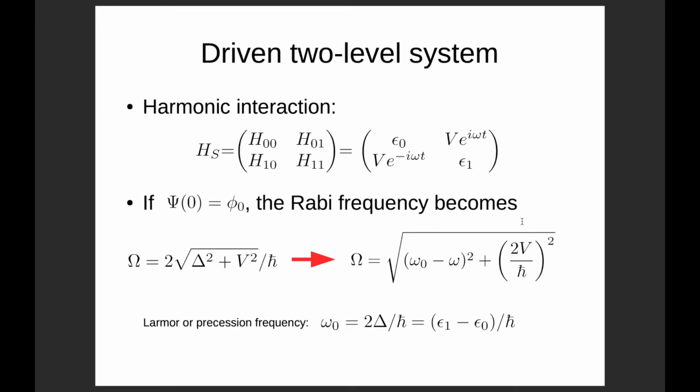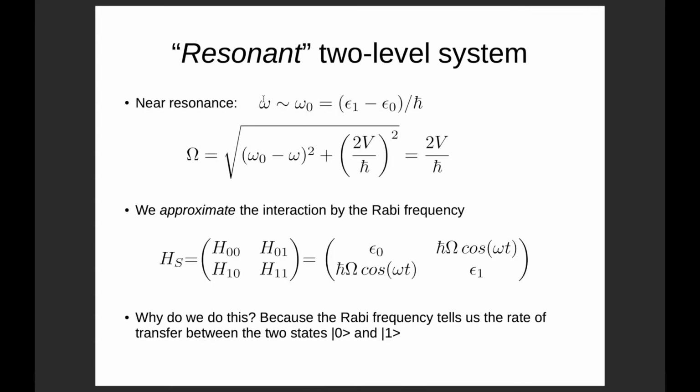When we drive the system, our interaction is now modulated in time at a given frequency omega. We can do the same calculation as before, and we find that we have to change the Rabi frequency into a little bit more complex expression, where now the driving frequency appears explicitly. When we are in resonance, we find that we can cancel this term here, and the Rabi frequency becomes twice the interaction between the two levels.